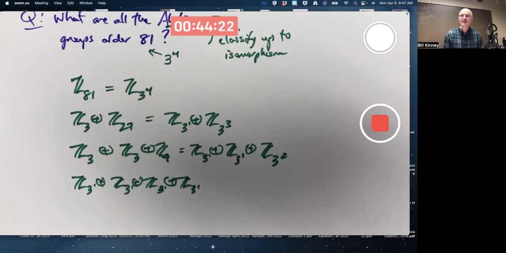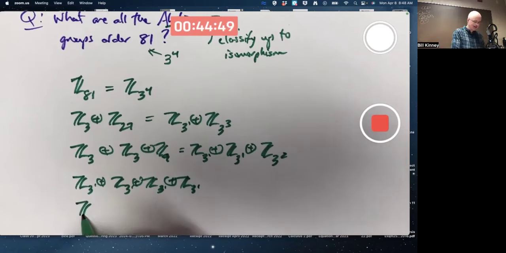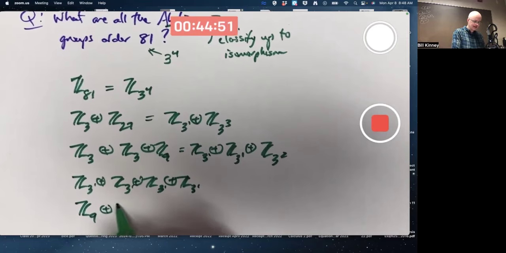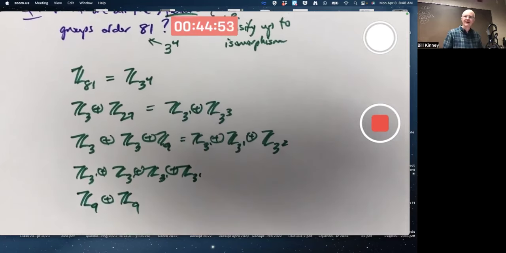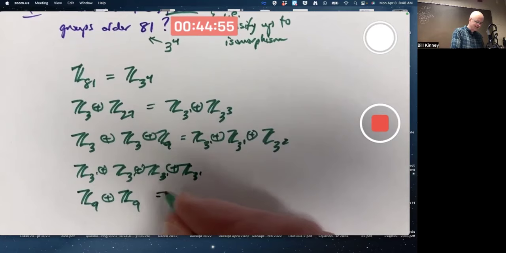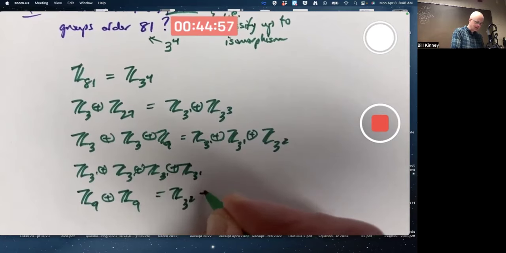There's one more. Think of all the ways multiplying powers of 3 give you 81, and where subscripts are not relatively prime. What's one example I'm missing? How about the external direct product of Z9 with itself? Or, 9 is 3 squared.